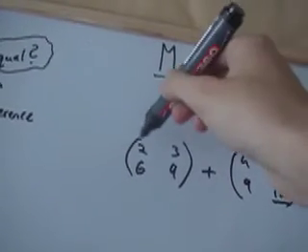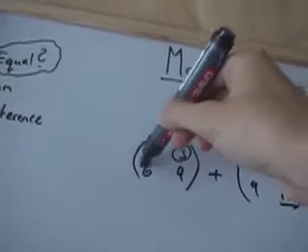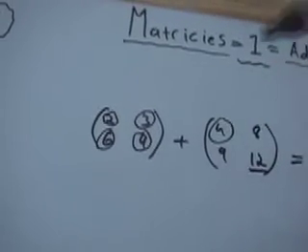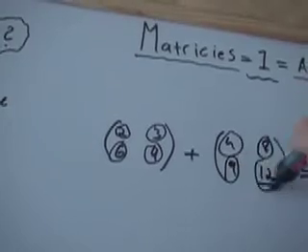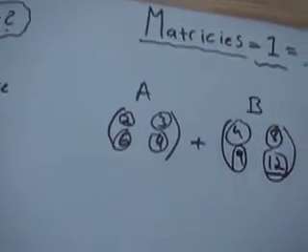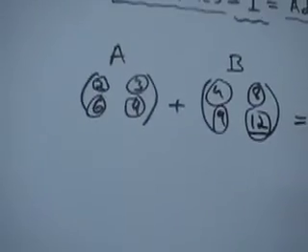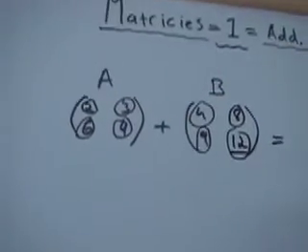One, its elements are 2, 3, 6, 9. The other matrix's elements are 4, 8, 9, 12. We call this A, and we'll call this B. Now, when you add A and B, you get C. Very simple algebra, as you can see.